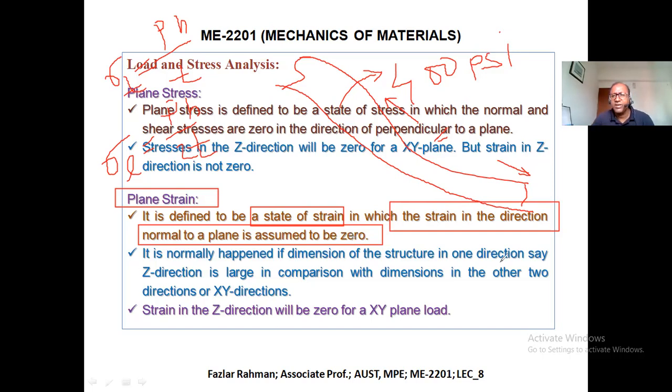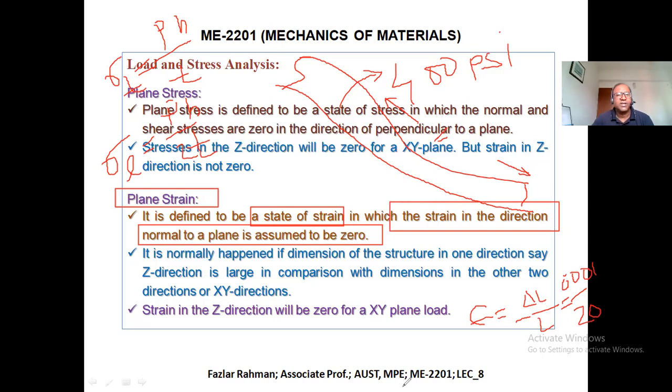Your formula: strain equals delta L, the change of length, divided by the original length. So if the notebook's thickness is 20 inches, that will be the original length. After I pull in this direction, it might decrease a little bit, say 0.0001. So a small number divided by a bigger number will look close to 0.